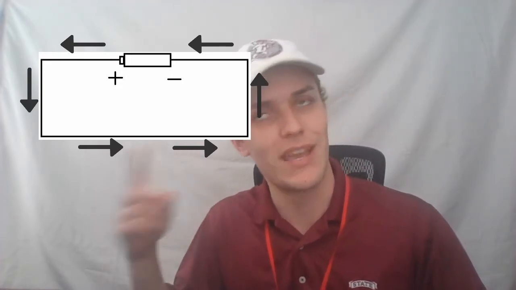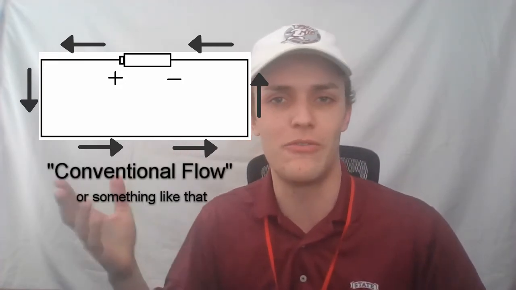So it's technically the opposite way. It's called the conventional flow or something like that. I don't know why we do that. It's just kind of been the standard. So be sure to know that electrons are obviously going from the negative end where they are to the positive end, but that we treat electricity to be flowing from positive to negative.